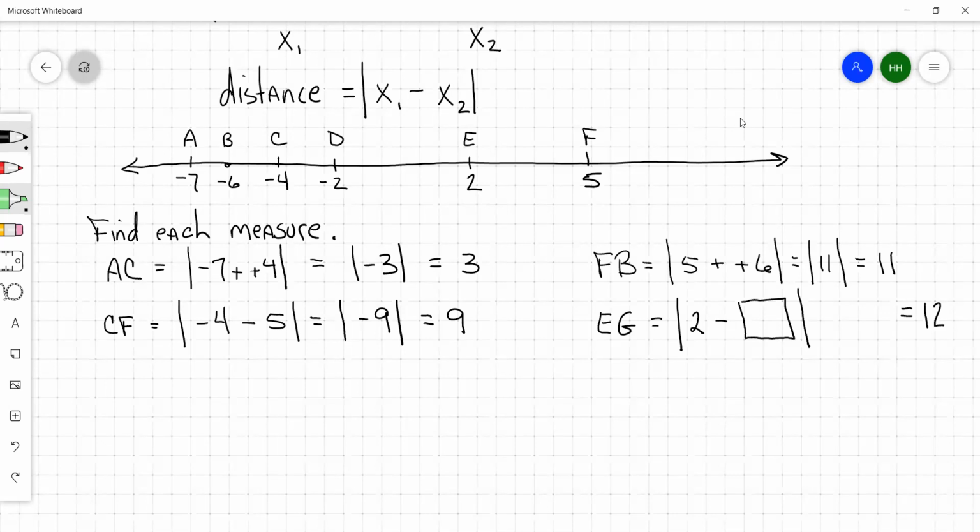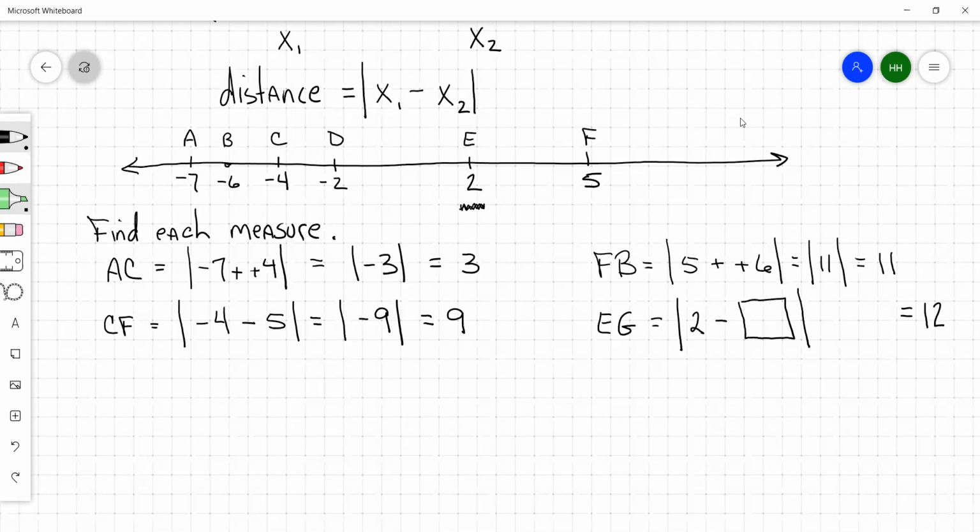So what am I asking for? Somebody say G, the coordinate of G. All right. Well, you know the coordinate of E is at 2, isn't it? It's right here. And you know that the distance to G is 12 units away, right? So what are the coordinates of G?